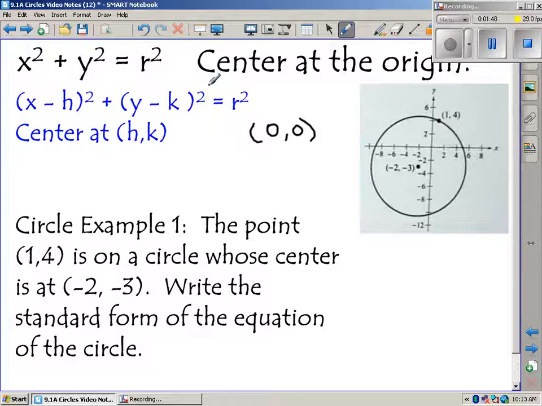So let's go ahead and plug those into the formula here. So we're going to put a big radical sign here.